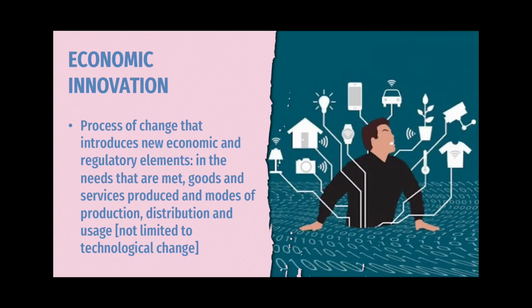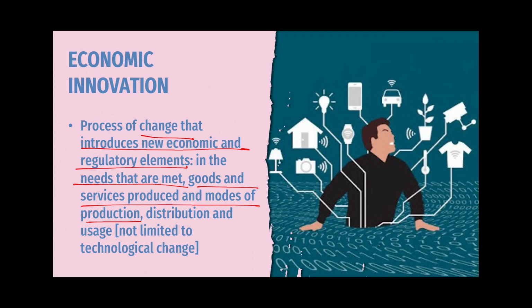Okay, so next we'll discuss economic innovation, because there are different types of innovation in terms of which sector they're found. So when you talk about economic innovation, this is the process of change that introduces new economic regulatory elements. For example, in the needs that are met, so the products and the services that are basically coming into the economy, and then goods and services produced and modes of production.